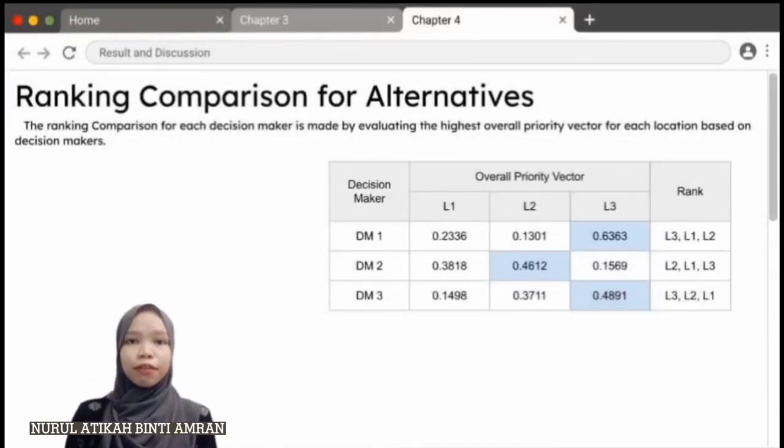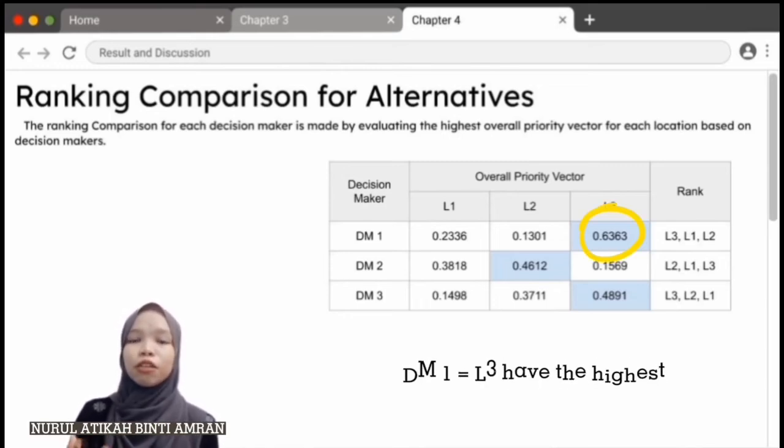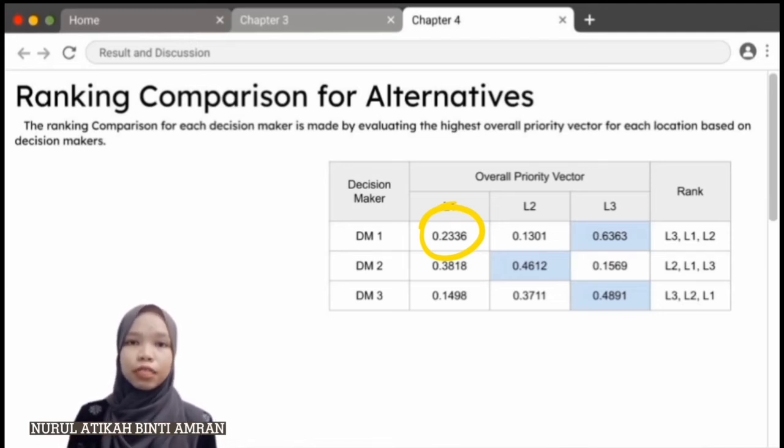The ranking comparison for each decision maker is made by evaluating the highest overall priority vector for each location. For decision maker 1, L3 has the highest overall priority vector at 0.6363, followed by L1, 0.2336, and L2, 0.1301.